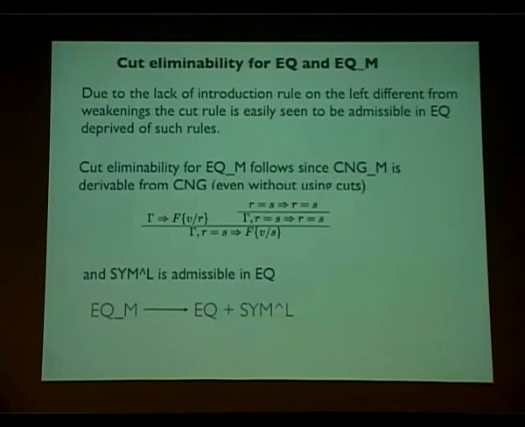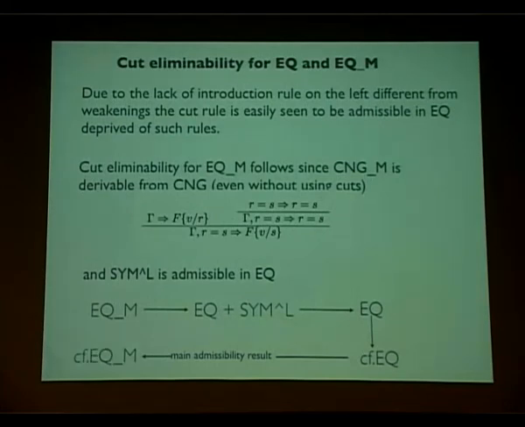But here you have sim L. But sim L is admissible in EQ. So you go to EQ, then you eliminate cuts, which is easy. And then by admissibility, you go back to the cut elimination for this system.